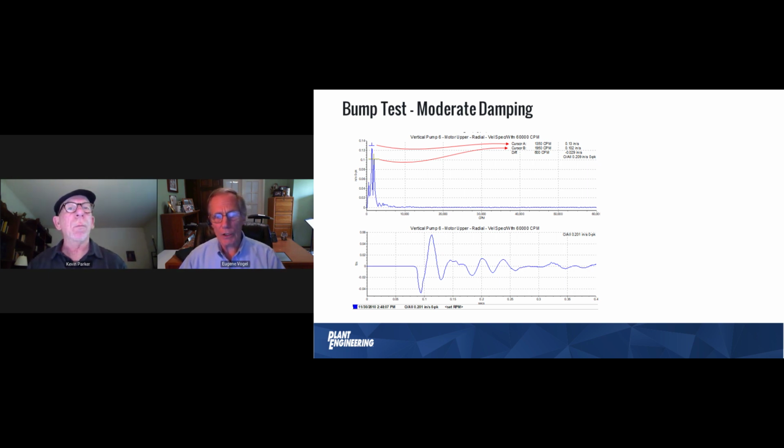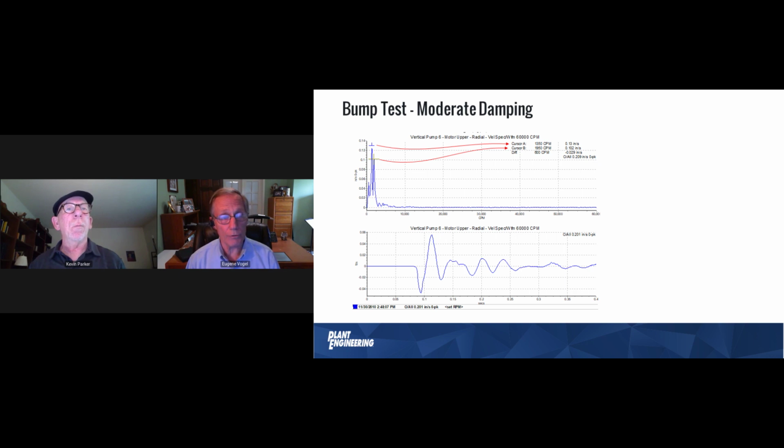The explanation of how you get from the bottom to the top is much more than I can explain with a static picture. There are a couple of webinars involved in explaining that. But if you think of it like a bar graph, you have frequencies across the bottom. See, it says CPM, that's cycles per minute, 10,000, 20,000, 30,000. And on the axis up and down is inches per second, that's amplitude.